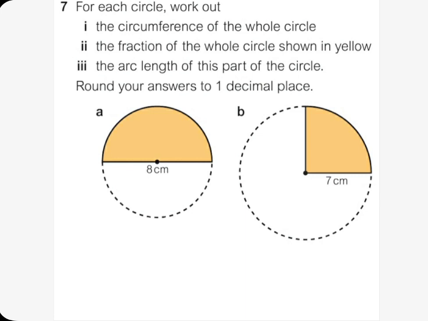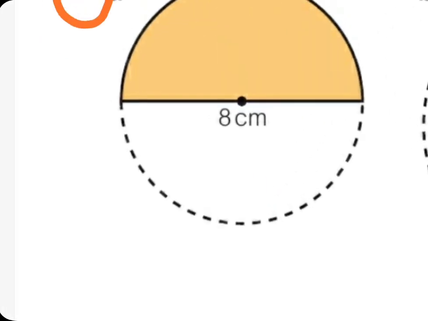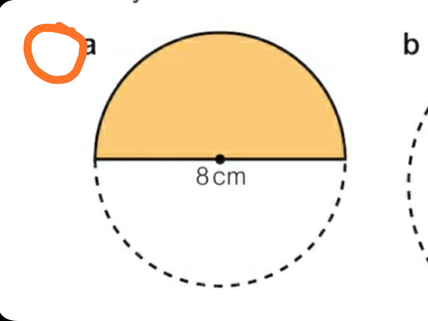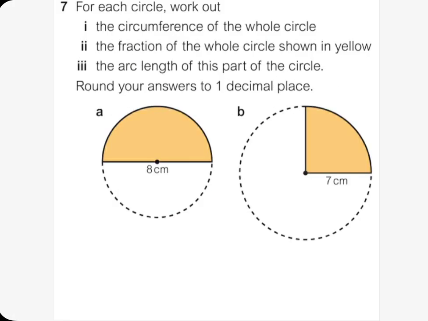Now, for circle A, as you can see here, we have this 8 centimeter as a diameter. So the radius will be what? Very good. It's going to be 4. Good job. Now, when you find the circumference of circle, you have to write the formula.